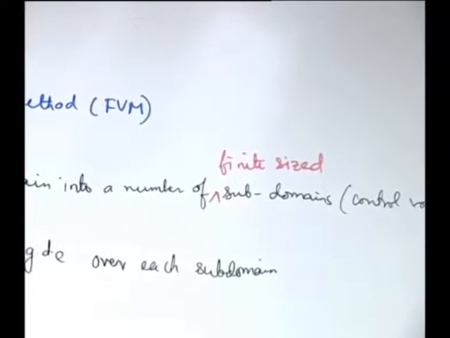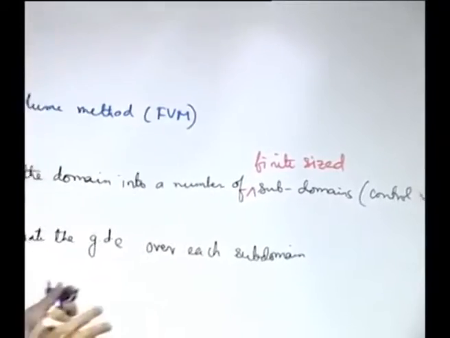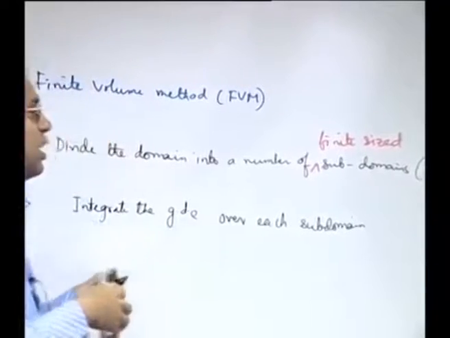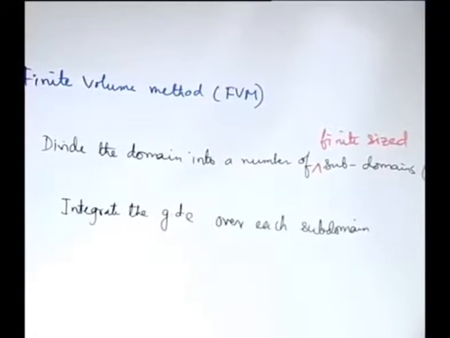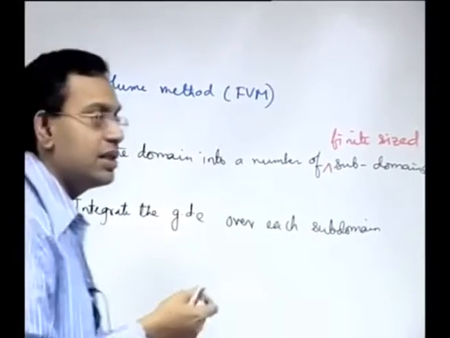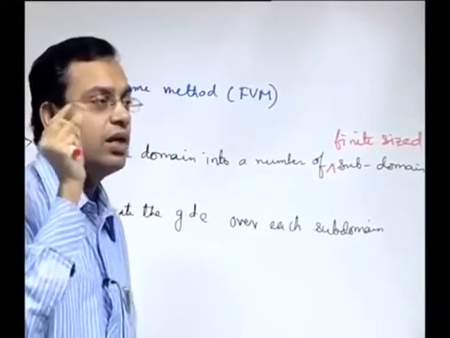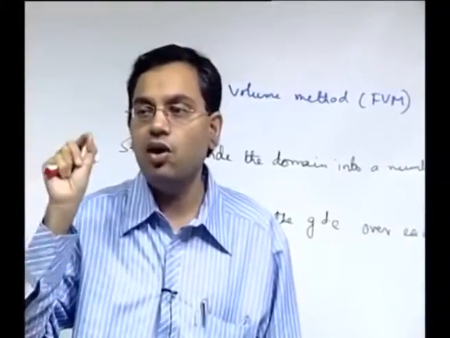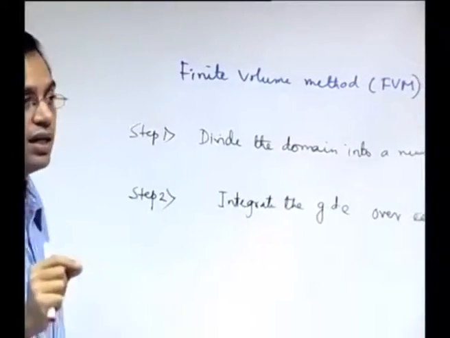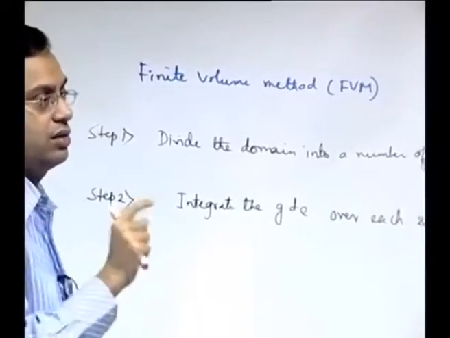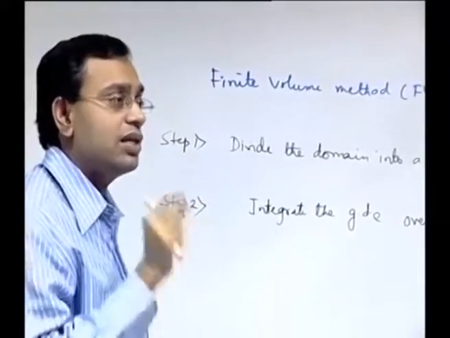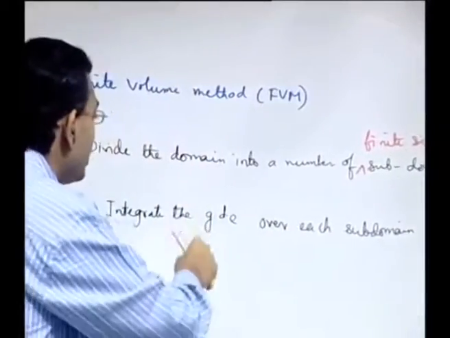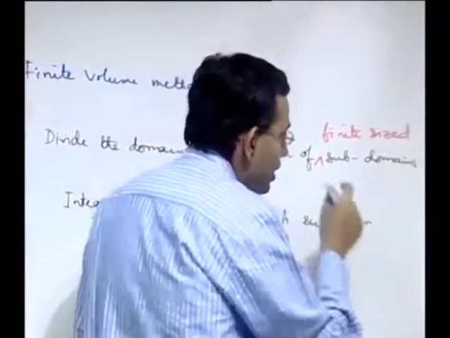This is just to demarcate this from some standard derivations in the analytical description of fluid mechanics or heat transfer, where we consider control volumes of infinitesimally small size, with lengths delta x, delta y, delta z all tending to 0. Here the dimensions of the control volume are not infinitesimally small, they are small but finite. So, finite size subdomains, then integrate the governing differential equation over each subdomain.